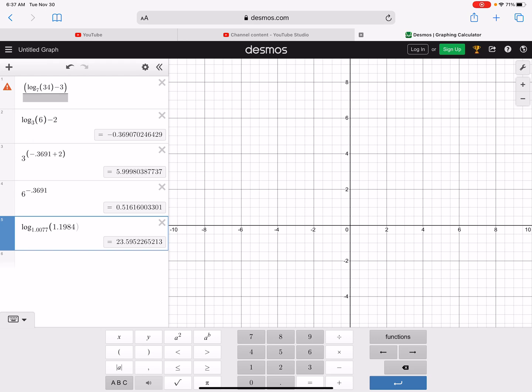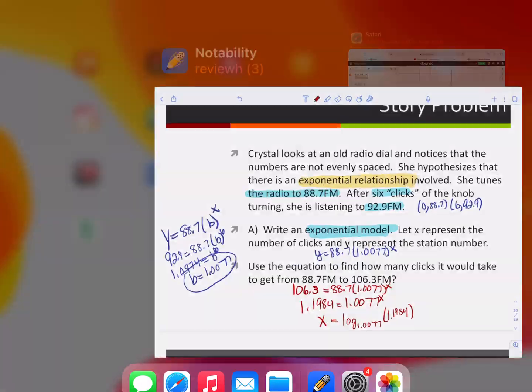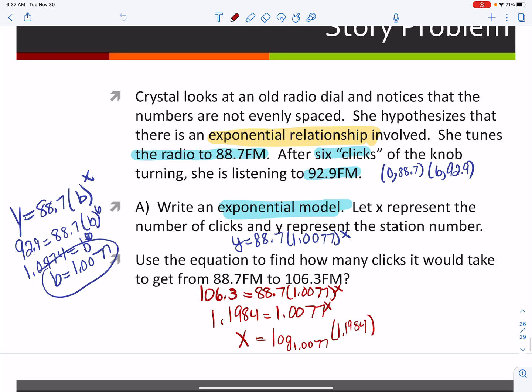Okay, and so when I'm on this question, it's not something like people that you deal with. A lot of you don't deal with an old radio. But when you look at this, it's saying how many clicks would it get there? So you're going to click it, and then you're going to have to go a little bit past. And so it really is only going to be 23 clicks because it's going to be 23 and a little bit more.